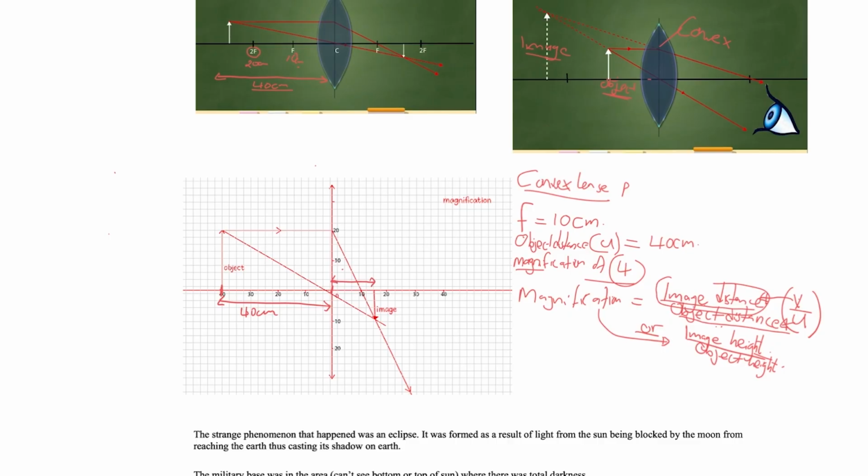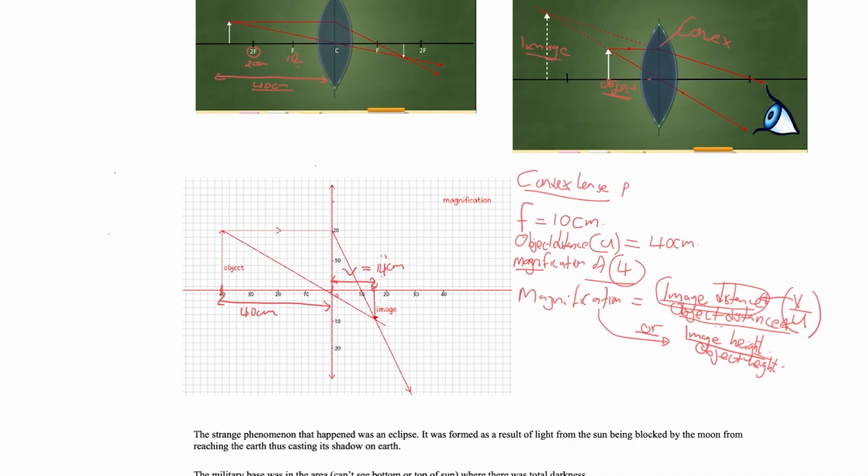So we can say this is V. When you try to do it on a graph paper, you find out that V is around 14 centimeters. Other people will come up with 15, others 13. It will depend on your level of accuracy.